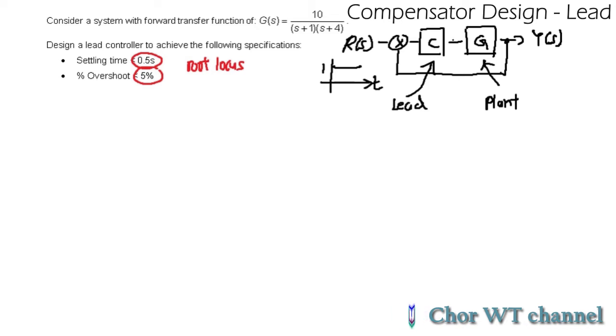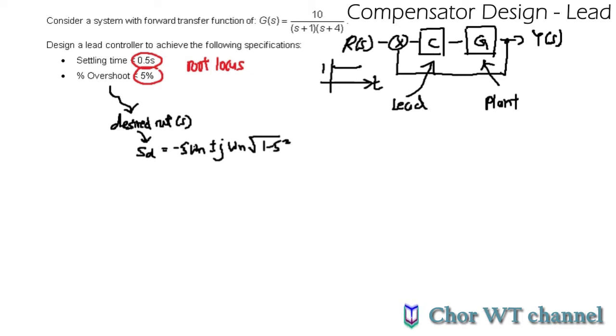But before that, the very first thing we have to do is transform these two requirements into our desired roots, which we will treat as s_d. s_d has the form of negative zeta omega_n plus minus j omega_n square root of 1 minus zeta squared. As you can see, we need the information of zeta and omega_n, which we are going to determine from the settling time and maximum overshoot criteria.